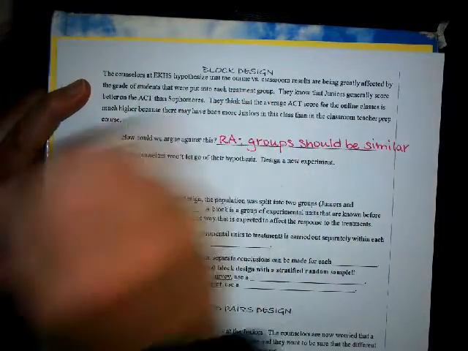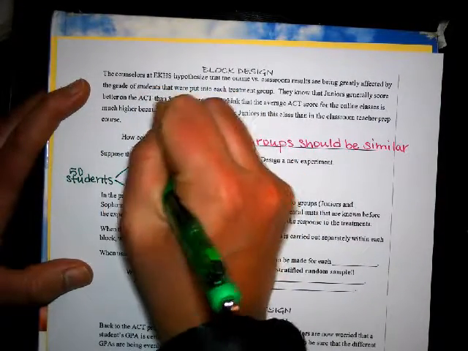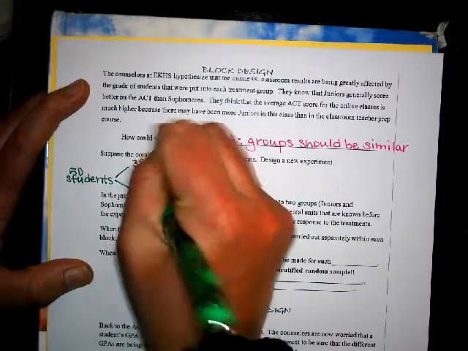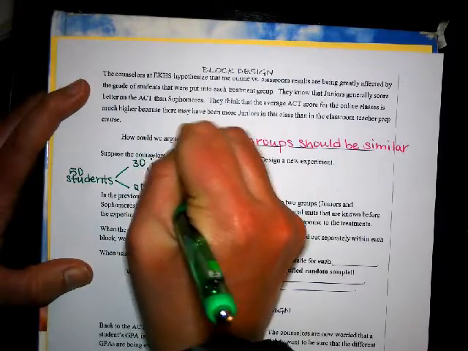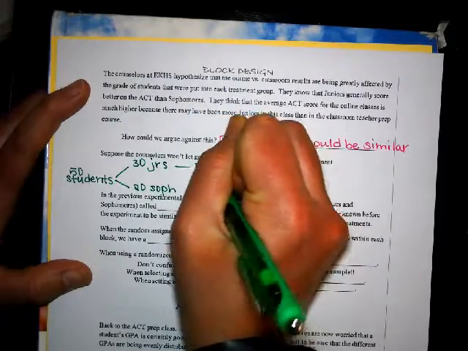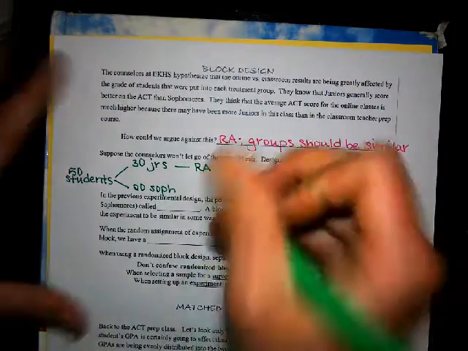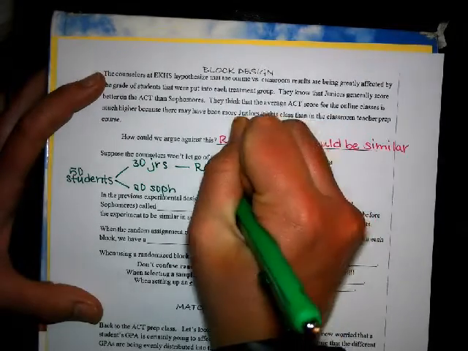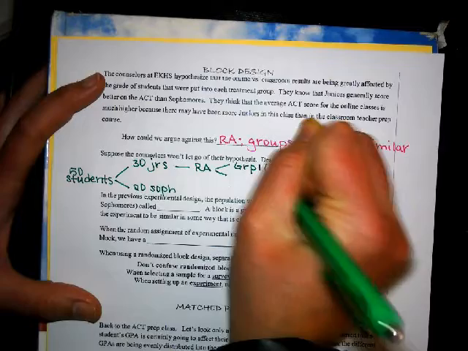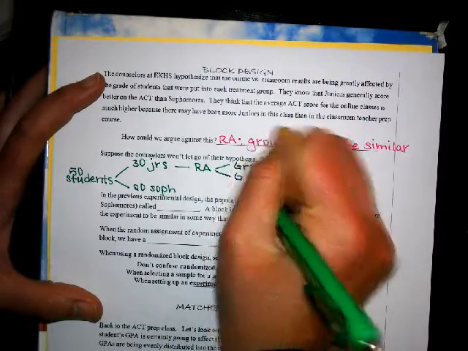And just for the sake of making nice numbers, we're going to say there are 30 juniors and there are 20 sophomores. We're then going to take those juniors and we're going to randomly assign them into the two groups. So group 1 and group 2. 30 students, so there will be 15 in group 1, and there will be 15 in group 2.